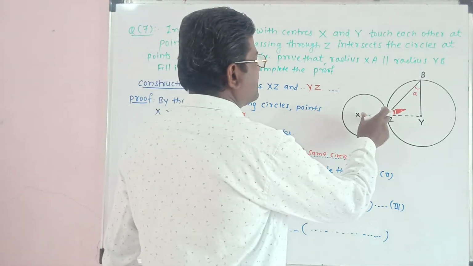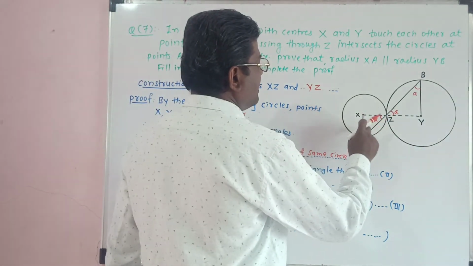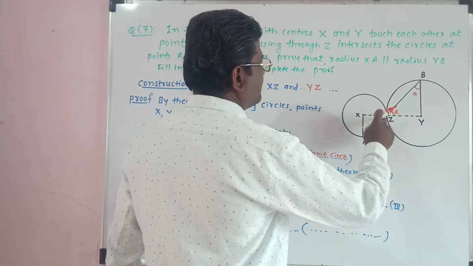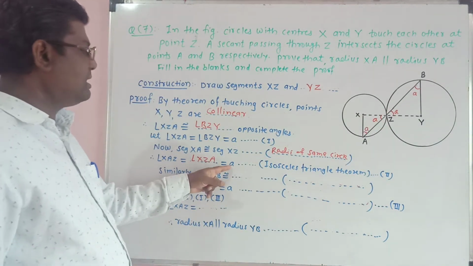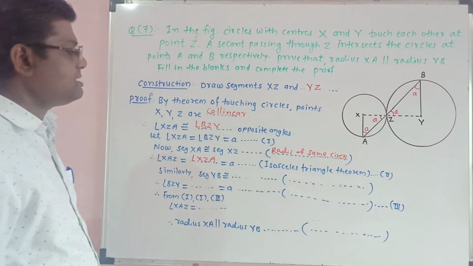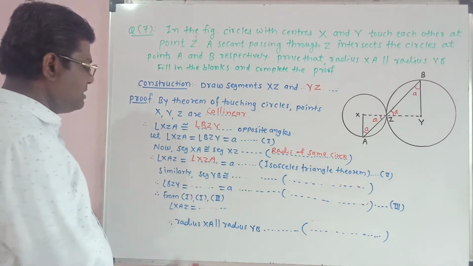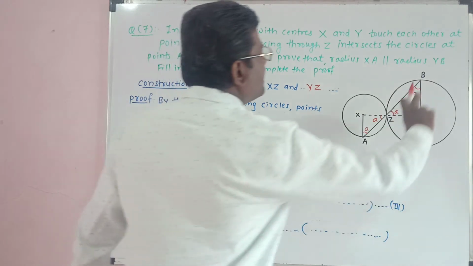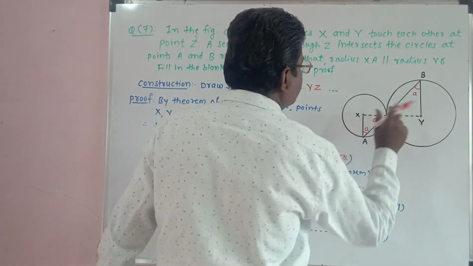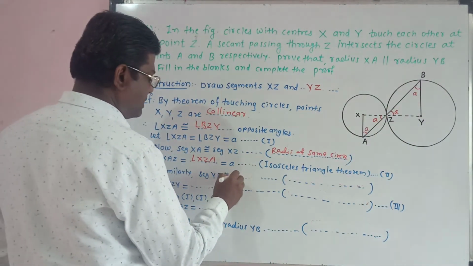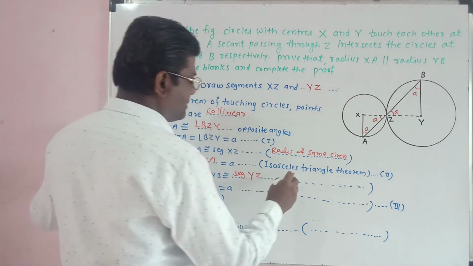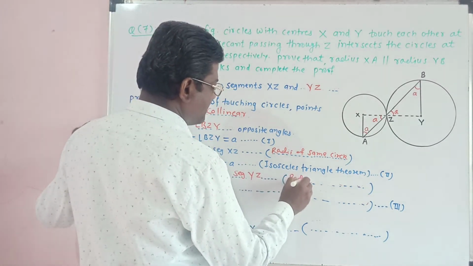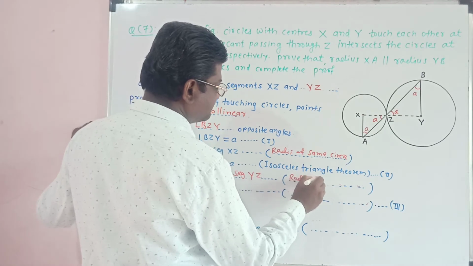So angle opposite to XZ and angle opposite to XA are congruent. Let those angles be A. This is due to the isosceles triangle theorem. Similarly, segment YB congruent segment YZ. So we write here segment YZ and reason is radii of the same circle.